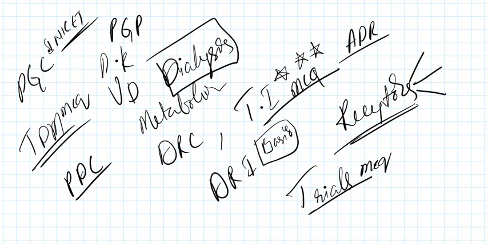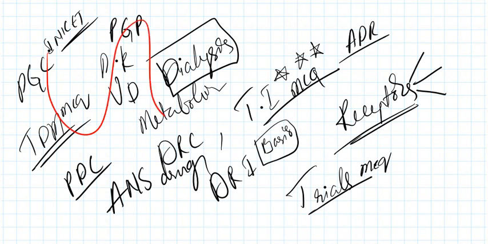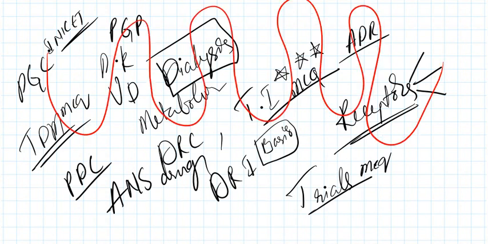And finally we will start the autonomic nervous system drugs, right? So we will discuss all these topics today itself, and we'll finish as fast as possible. Okay, right, let's start the topic. Today's topic, the PGP substrate.